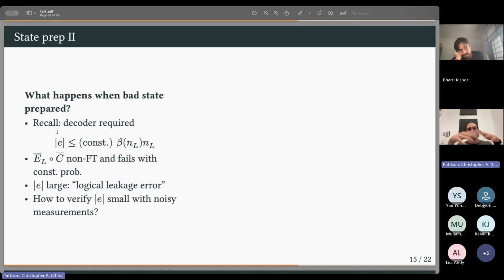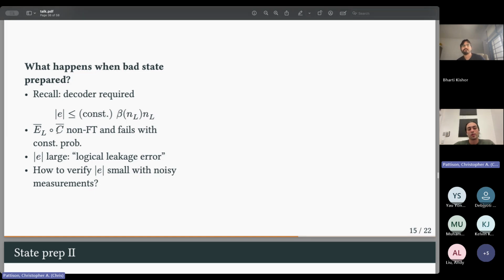And so it's just going to spread through the computation, and then all of a sudden none of your error correction gadgets work. So we need to ensure that these don't escape into the rest of the computation when we prepare them. So we have to very quickly identify: okay, this code block is close to the code space, this code block is maybe not, let's toss it out.